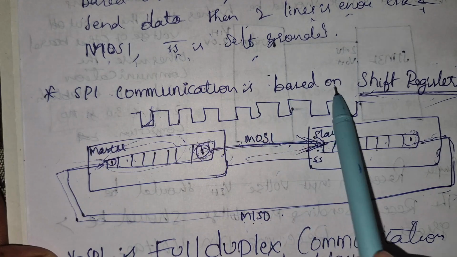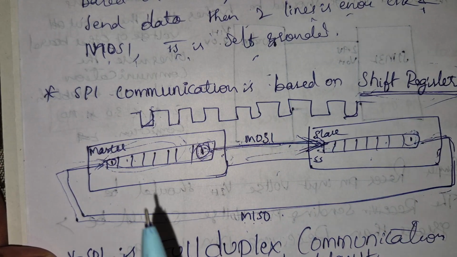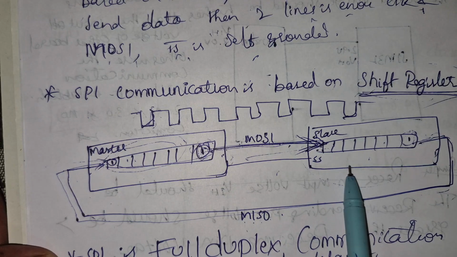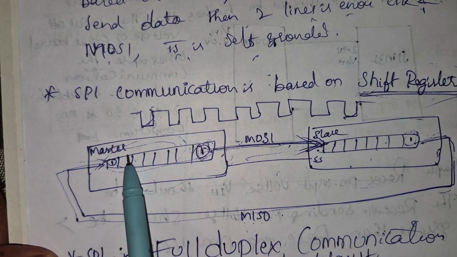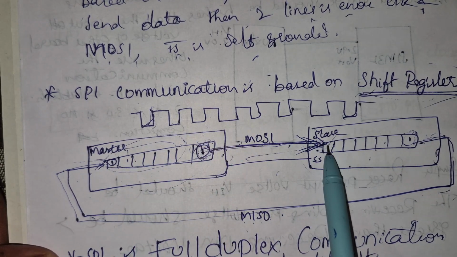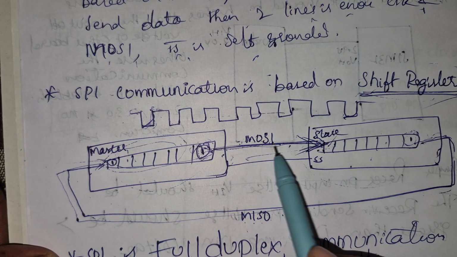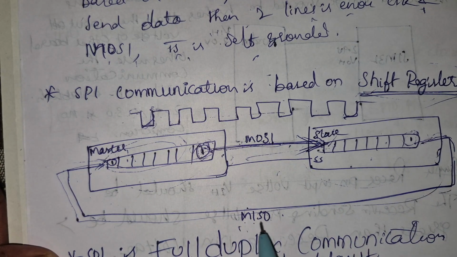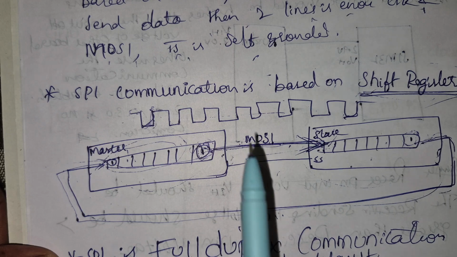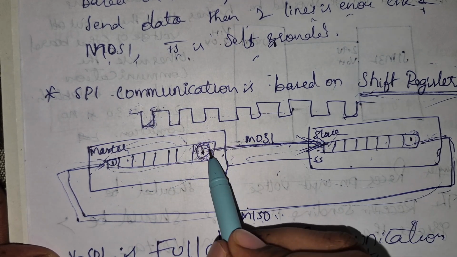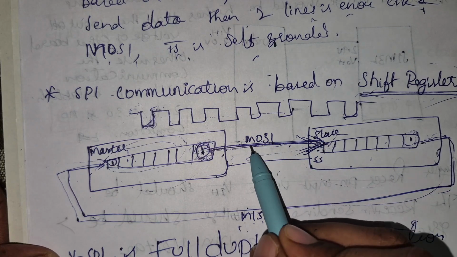SPI communication is based on shift registers. There is one shift register in the master and one shift register in the slave. Now the data is in the master and needs to be sent to the slave. Here we have 4 pins. This is clock, this is MOSI, master output and slave input, and this is MISO, master input and slave output. For each clock cycle, 1 bit of data will be transferred to the slave via MOSI.